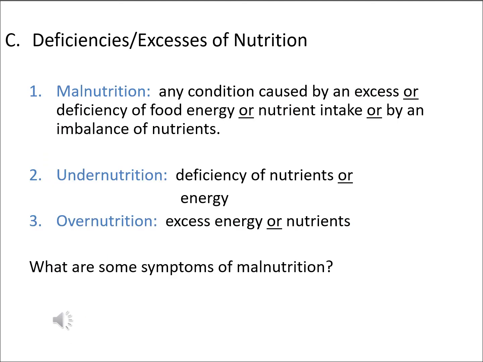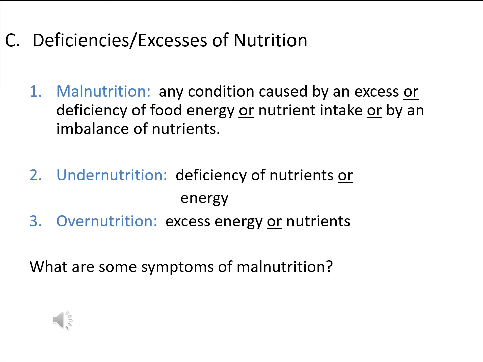Now that we've identified the classes of nutrients and we know that food, or specifically nutrition, is important to promote health and prevent disease, we want to start thinking about making appropriate food choices. Making these healthy choices ideally will keep us in a good nutritional status. We can also consider this process as a way to avoid malnutrition.